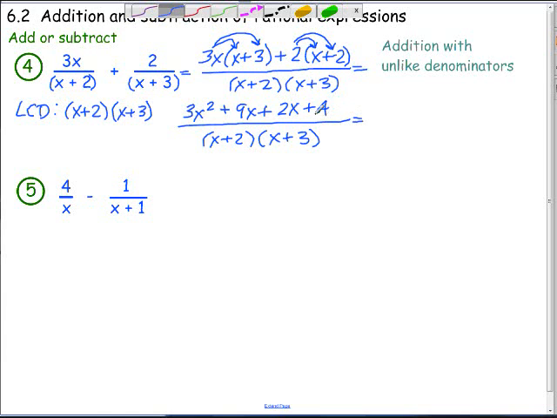I'm going to simplify that because I have these two like terms: 3x squared plus 11x plus 4. Oh, that's x squared. Sorry, forgot that. Forgetting that is a big deal.